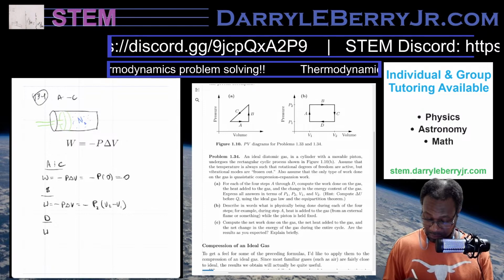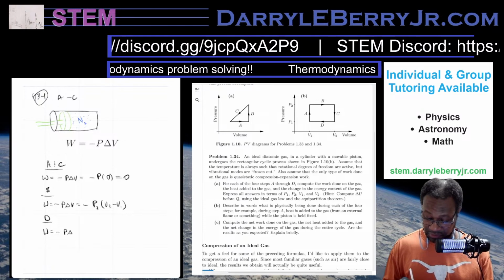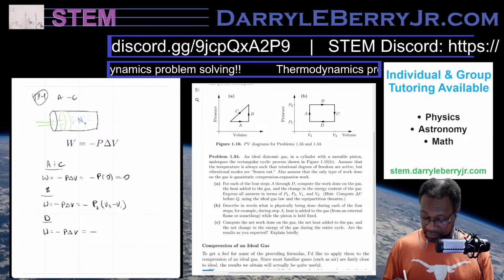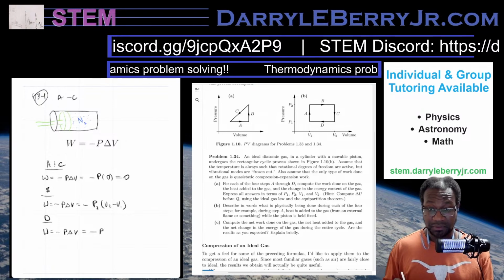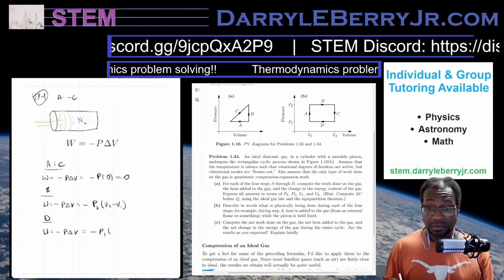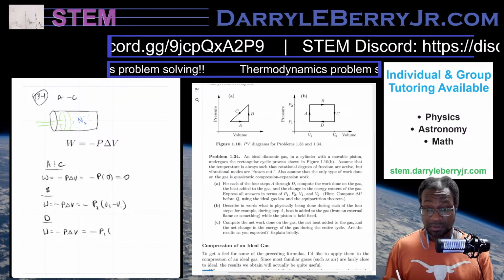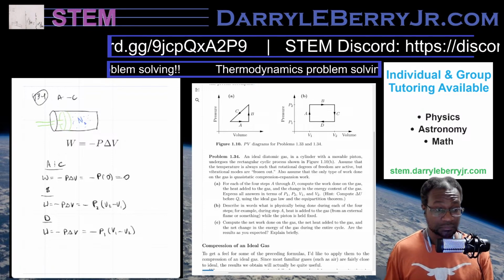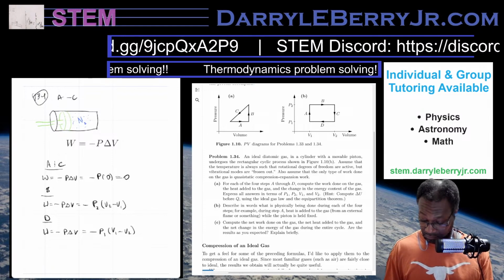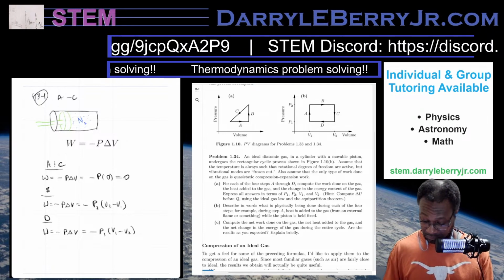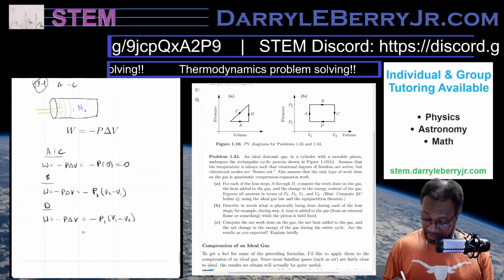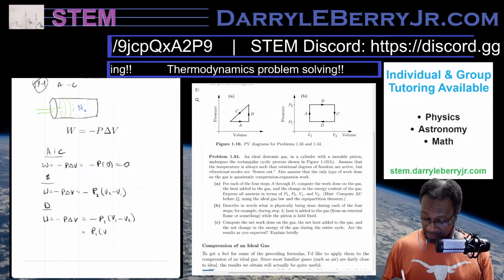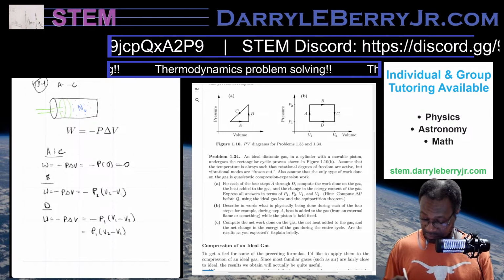For D, work equals negative P change in V equals negative P1 times V1 minus V2, which is the same thing as P1 times V2 minus V1 with a positive sign.